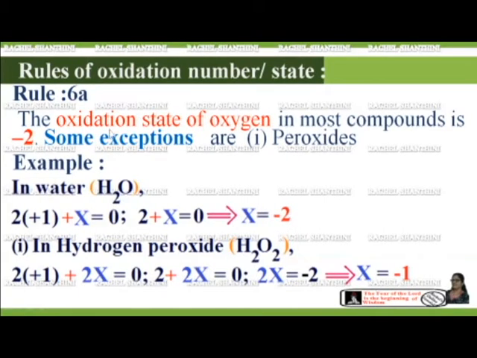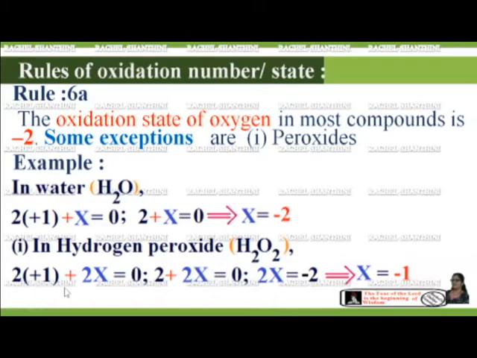There are some exceptions in the oxidation state of oxygen. They are the oxidation state of oxygen in peroxides, superoxides, and compounds with fluorine. First, let us see peroxides. For this, let us take hydrogen peroxide as an example and assume the oxidation state of oxygen as X. Here in hydrogen peroxide, we have 2 hydrogens, so 2 into +1, which is the oxidation number of hydrogen, plus we have 2 oxygens, so 2 into X equal to 0.